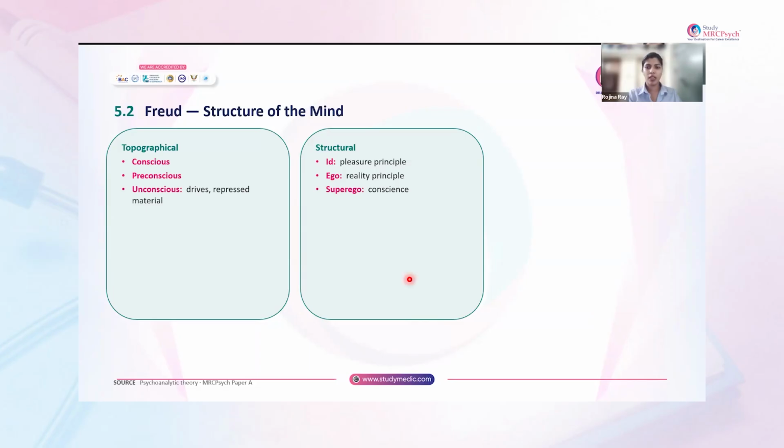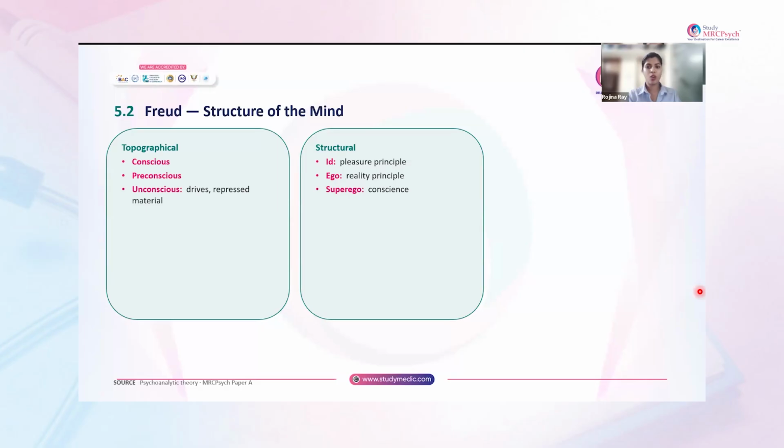Now, the structural model, Freud proposed that there are three components. That is the id, that is present from birth, operates on the pleasure principle. The id seeks immediate gratification. Then we have the ego. The ego develops later and is based on the reality principle, balancing the demands of id with the superego, with the reality.